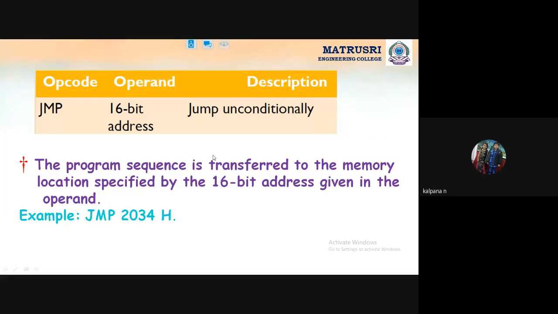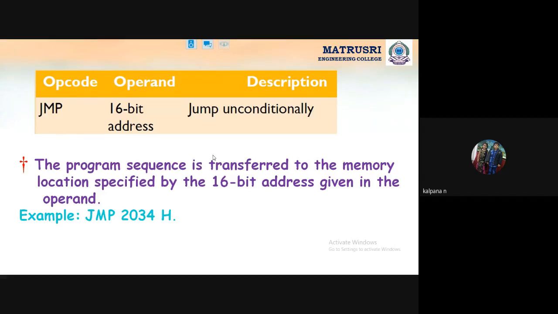Unconditional means we are not specifying any condition. If we specify something like, if we get the carry, then jump to one place, or if x is equal to y, jump to location 2050, here we are specifying a condition. But JMP is used unconditionally, no condition.